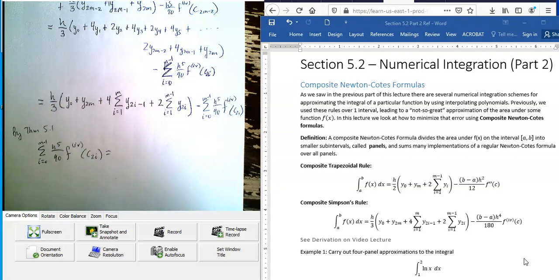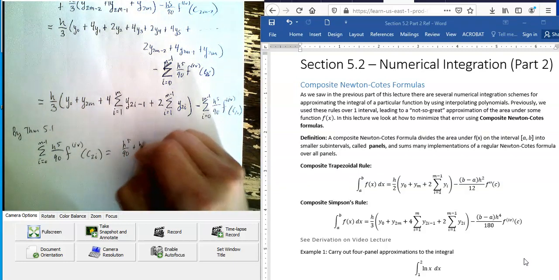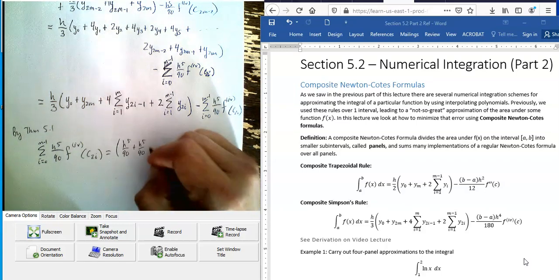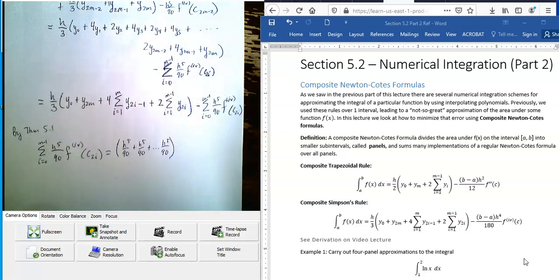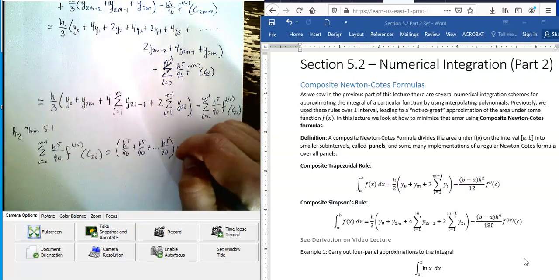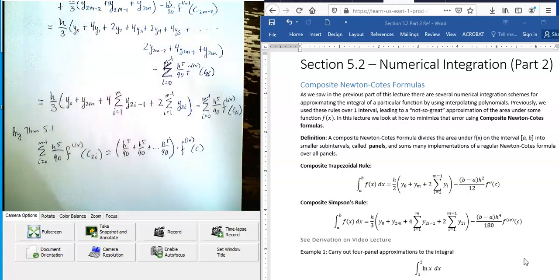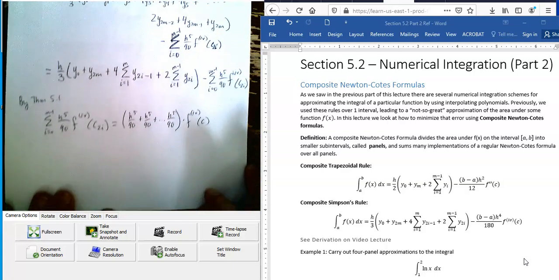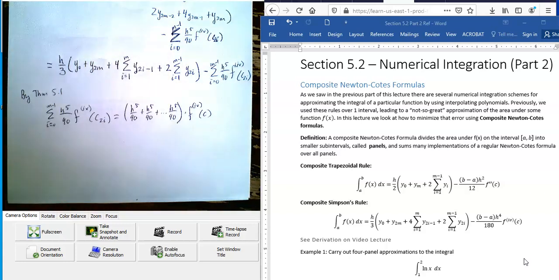Then this can be written as the sum of a bunch of h to the 5th over 90s times f quadruple prime evaluated at some other c in between a and b, right?